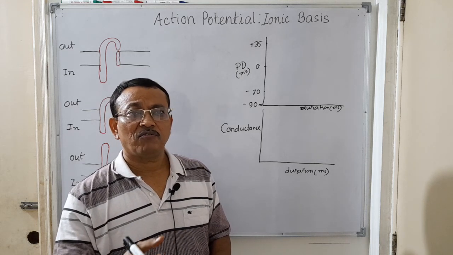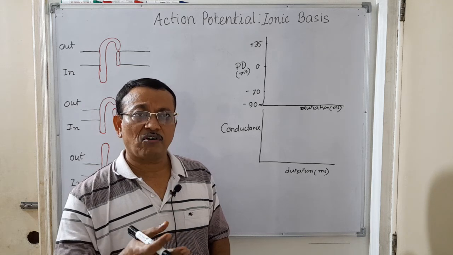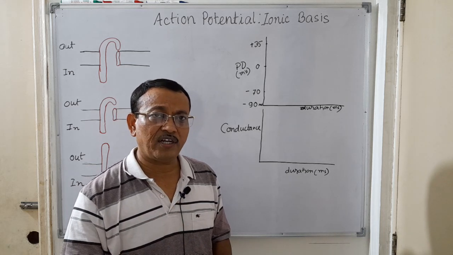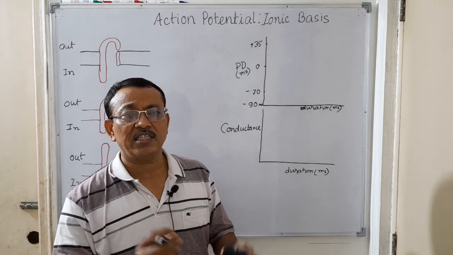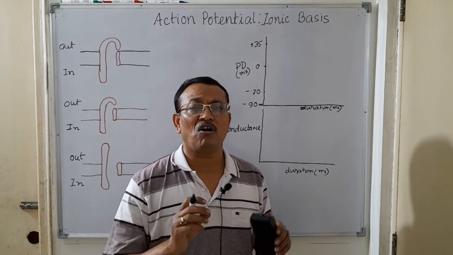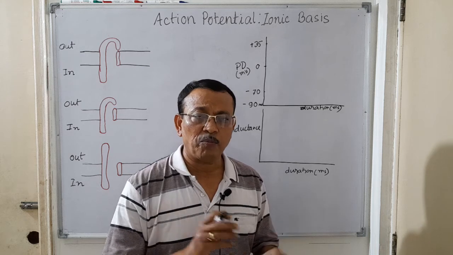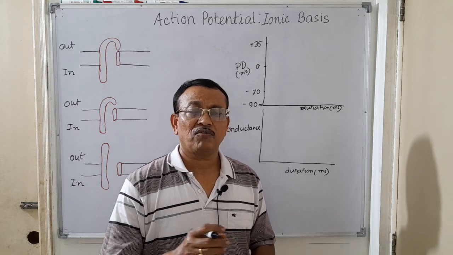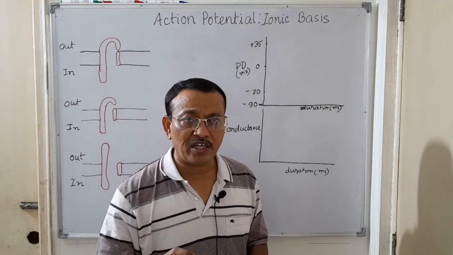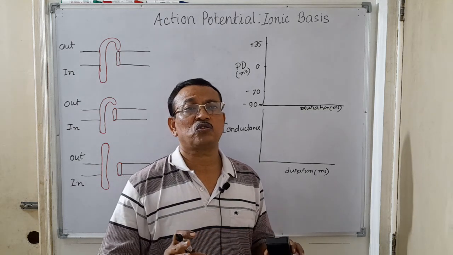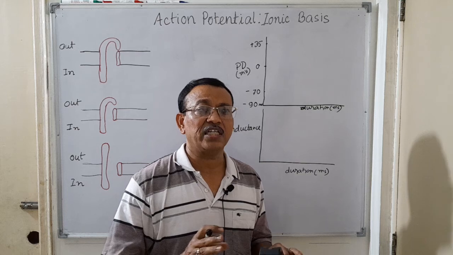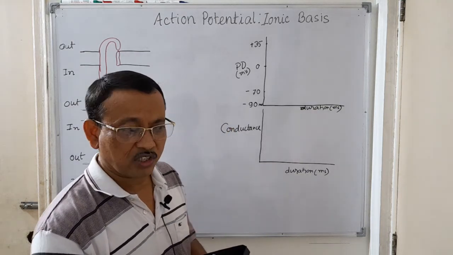That means electronegativity is turned into electropositivity, and this momentary change of the membrane potential from inside electronegativity to positivity in response to the threshold stimulus is known as the action potential.